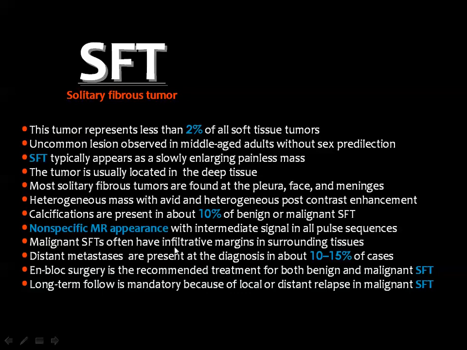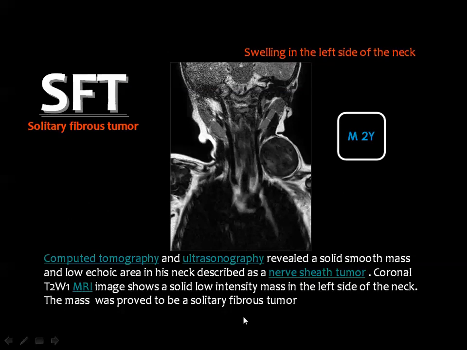Then, malignant soft tissue tumors have an infiltrative margin, and they may produce metastatic disease in about 10 to 15% of the cases. Surgery is recommended for treatment of both benign and malignant tumors, and long-term follow-up is mandatory because of the local tumor recurrence and the distant metastasis.